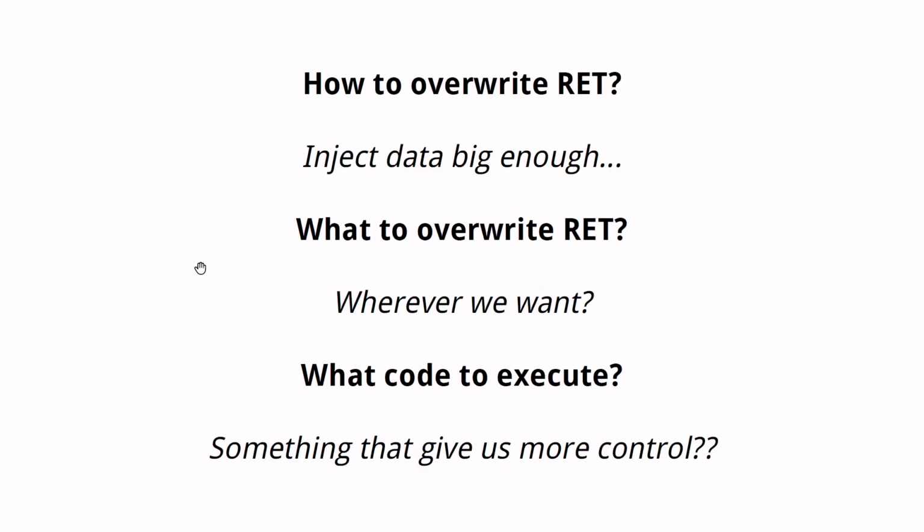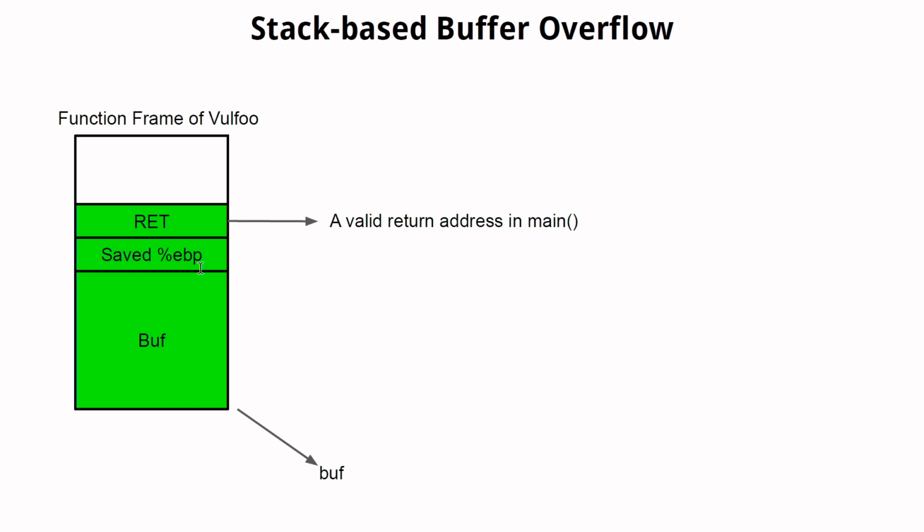So you already know that if the data you input is big enough, you will be able to overwrite the return address, and you can overwrite that return address to wherever you want. However, the address space may not really have what we want.